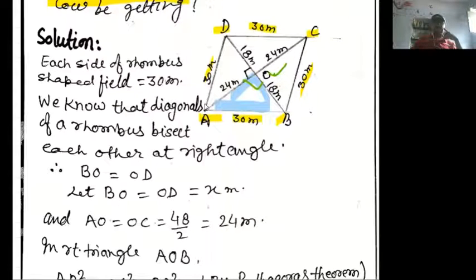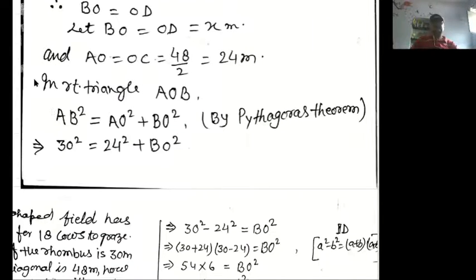So each part AO equal to OB equal to 24 centimeter. In right triangle AOB, angle AOB is 90 degree. Therefore, by Pythagoras, AB is hypotenuse. AB square equal to AO square plus BO square.